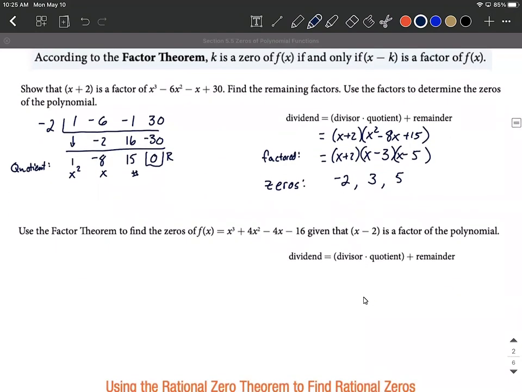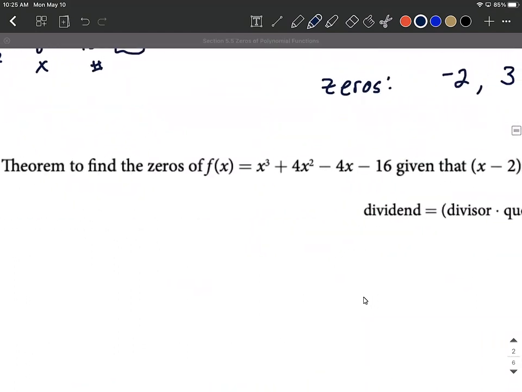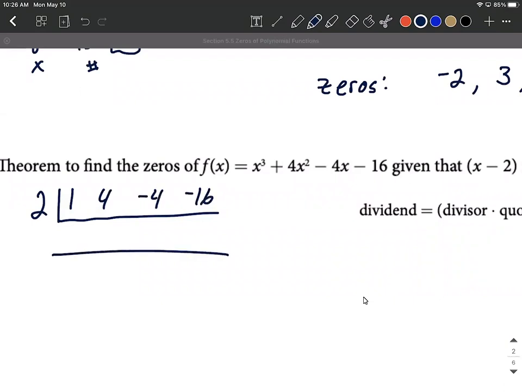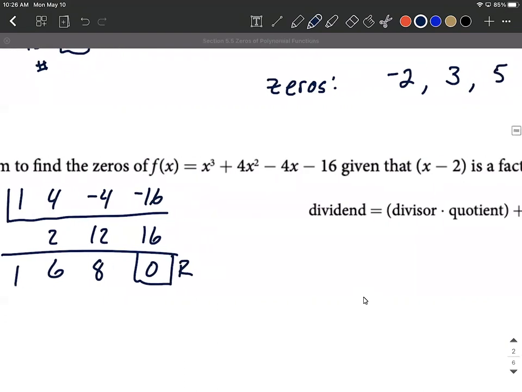When we're dividing by x minus 2, +2 is going to go out in front. And then we take the coefficients, so 1, 4, -4, -16. 1 comes down, we multiply, add, multiply, add, multiply, add. Again, we got a remainder of 0, which is good.